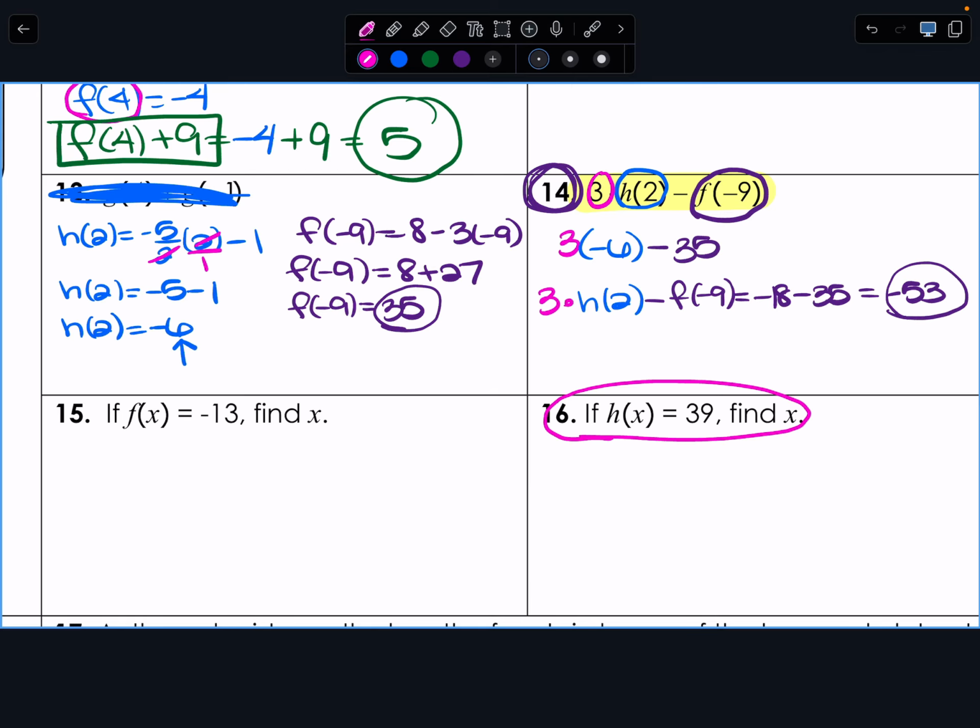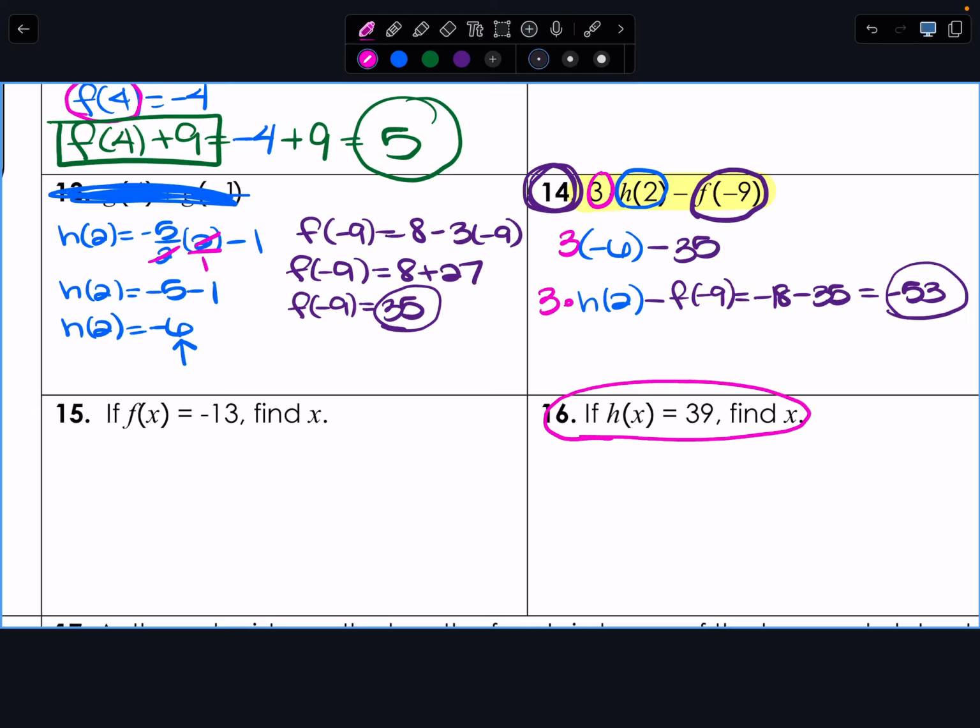If I said h of x was equal to 39, what did I look at on my graph? X values or y values? I looked at 39 being the value of y and what the value of x was on the graph. If I said h of x is equal to 39, I'd look at where 39 is along my y-axis, go find it along the graph, and then know what that x value is. That's how we found it.